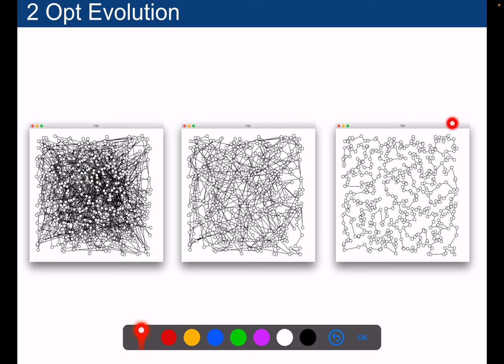Okay, this was my stopping criterion. And then I arrive at this solution, right? This is an intermediate solution. This is the final solution. And you can see that only with this very simple idea of the two-opt move, I can reach a pretty good solution for the TSP. Okay, so it's very efficient and it's very good in practice, this simple idea.